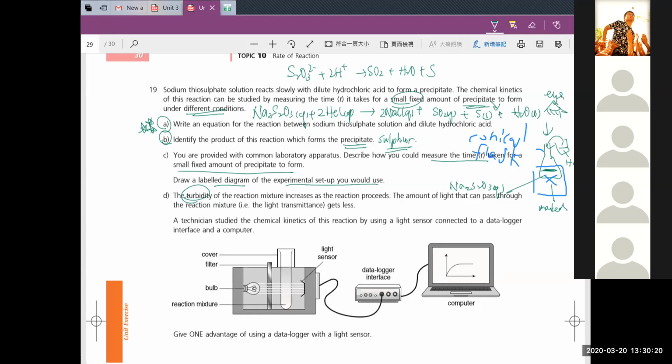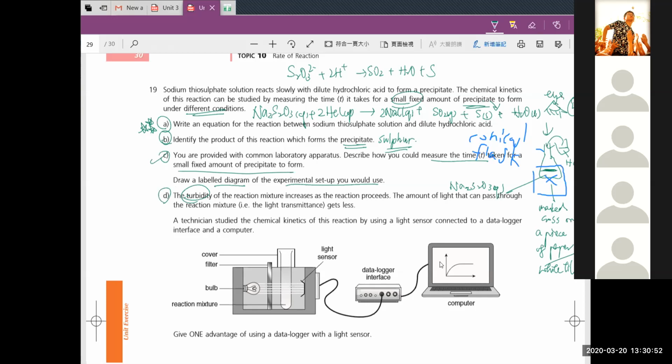Okay, can you get my point? So we've got a cross on a piece of paper or a white tile. It is also possible. So you may have this, and you may start the reaction like this. Okay, is that clear? So this is part C.